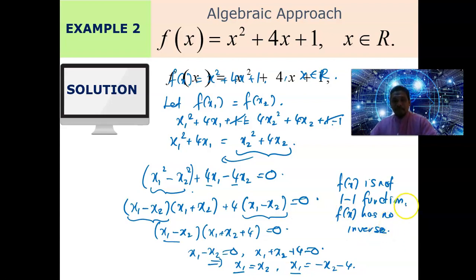So from example 1, f(x) is a one-to-one function, but in example 2, f(x) is not a one-to-one function, so we conclude that f(x) has no inverse.